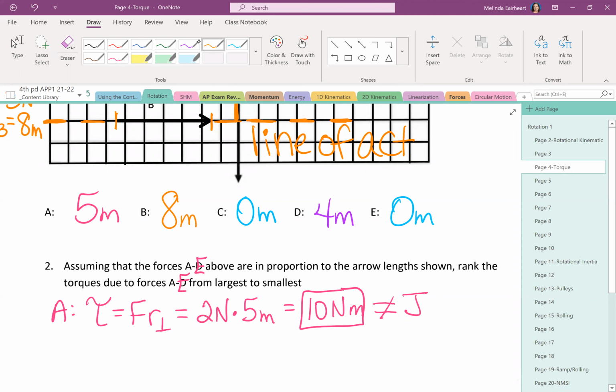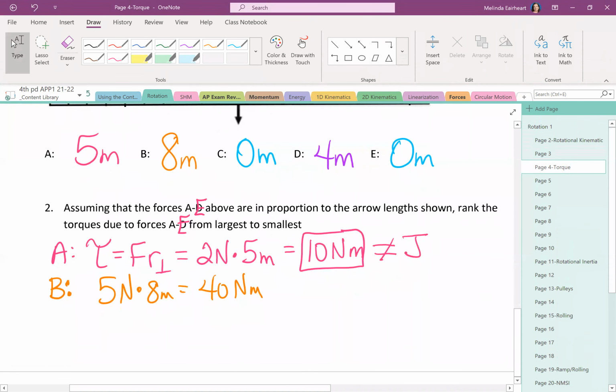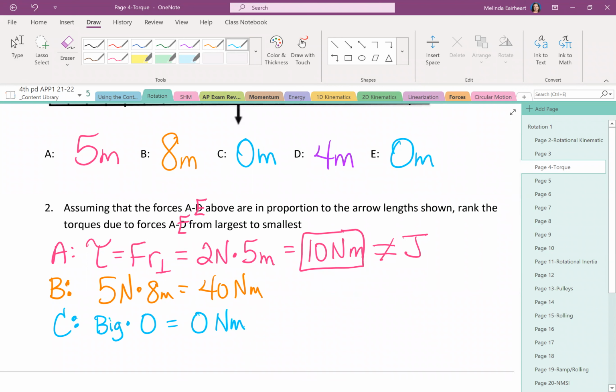Rinse and repeat, do the same thing for each one. So B had a force of 5. So 5 newtons times 8 meters, we get 40. It's plug and chug from this point on, right? C had a force of big times 0, so we get a torque of 0. Now you know why I didn't waste time trying to measure the force magnitude there.